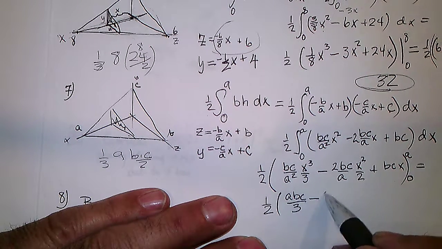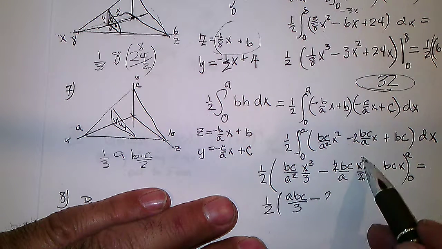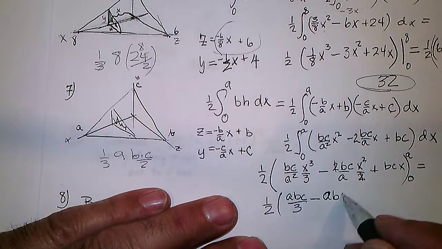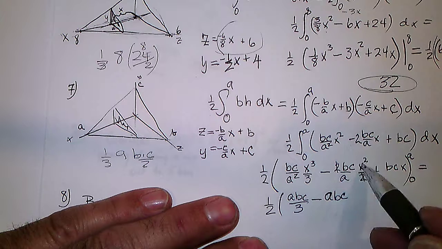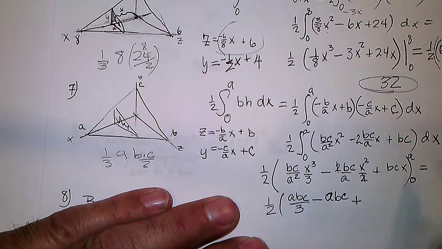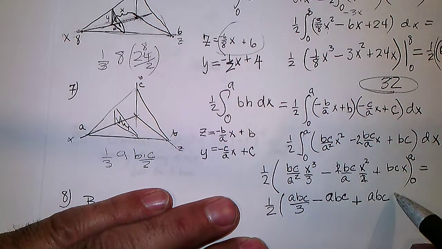Minus, the 2's cancel, and I get a squared over a, which is just abc, because one of the a's cancels. And then I get plus, I put a in there, and I get abc.